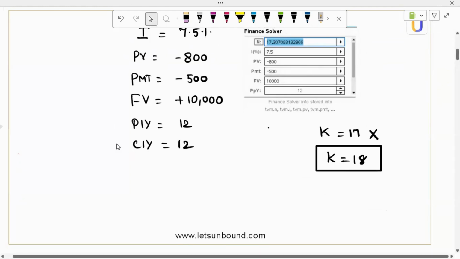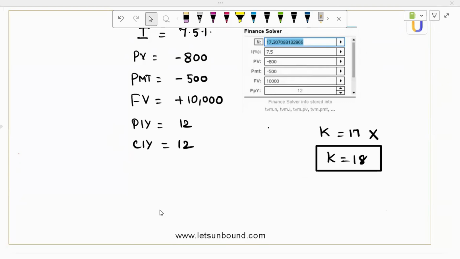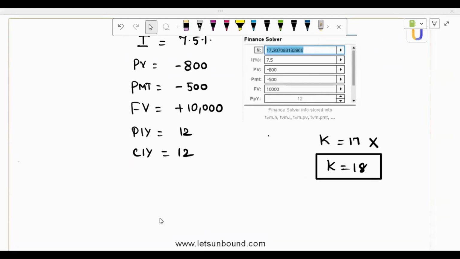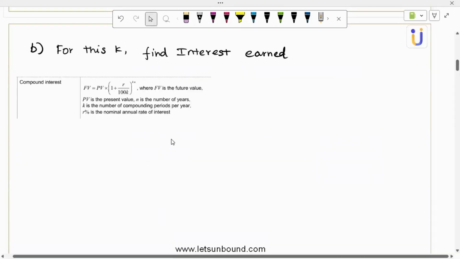Now, moving to the next question. In the next question, they have given, for this K, find the interest earned. We are investing something and we harvest something, so I will get some extra amount, which is the interest earned. So it's your harvested value minus invested value.